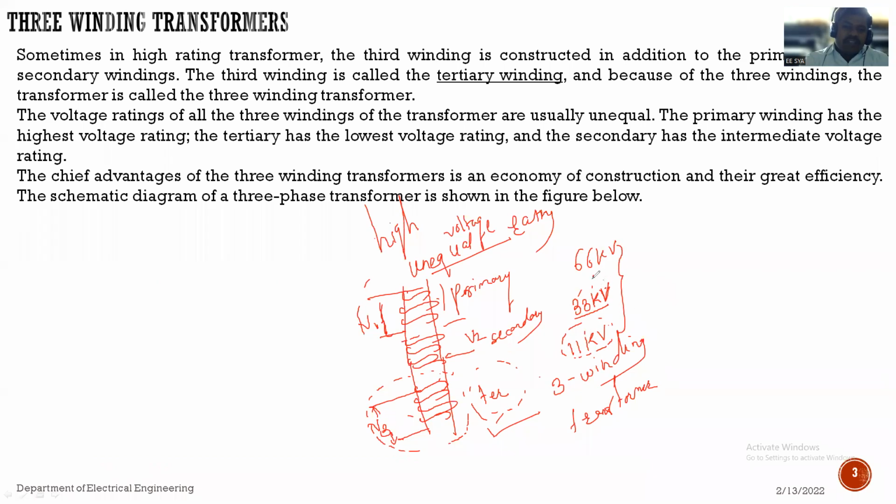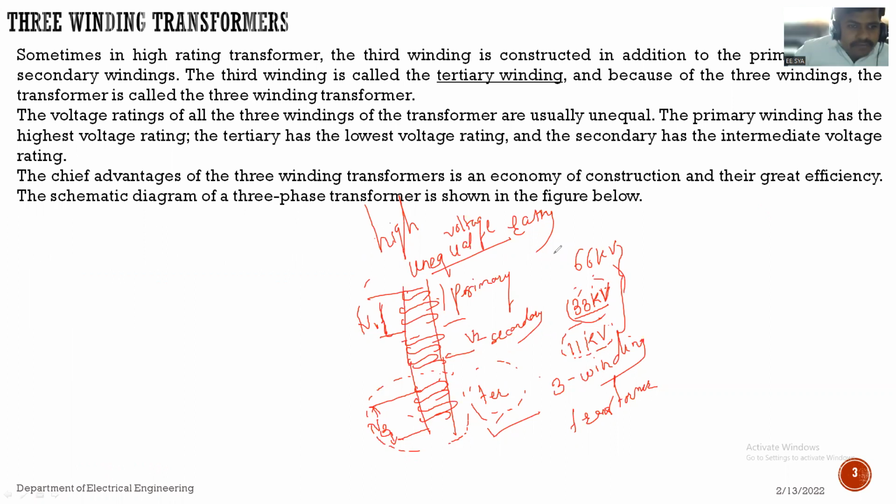Suppose we call it, it may be 33 kV, right? So the voltage rating change is nothing but turns ratio change, or turns change, and meaning of that the transformer has unequal voltages.